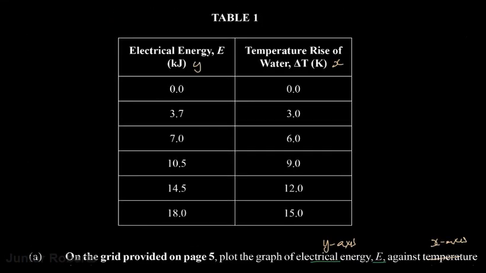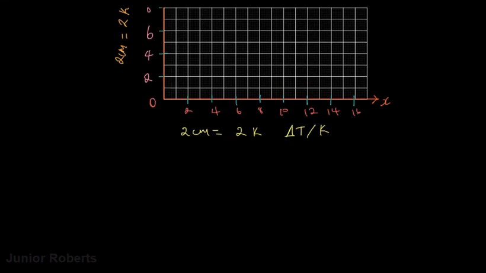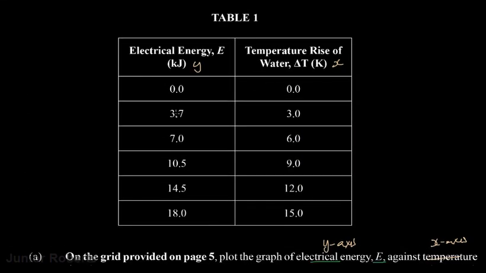Let me plot the points here. The first point corresponds to when the energy is 0 and the temperature rise is also 0, so our first point will be right at the 0 mark. Then we have 3.7 corresponding to 3.